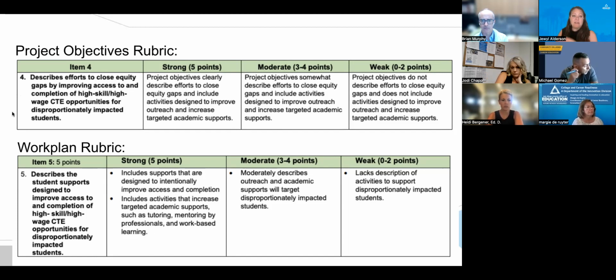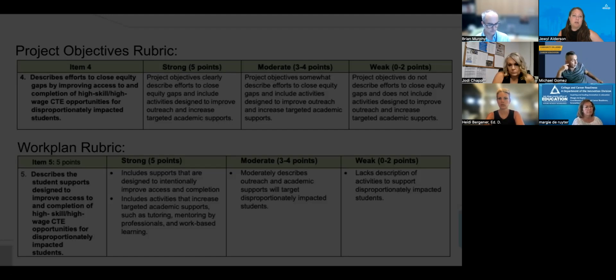So that's the K-12 SWP actual rubric and how it's scored. It's looking for these specific things. You want to make sure you mention them in the problem statement. You're going to come back with your project objectives to say, here's what we hope to accomplish, and then in the work plan, here's how we'll accomplish that. As you're thinking about those special populations, you want to have those all connect so that it is easily seen throughout your work plan.